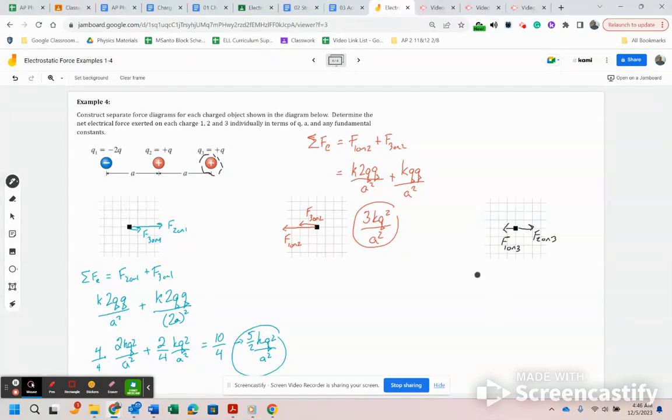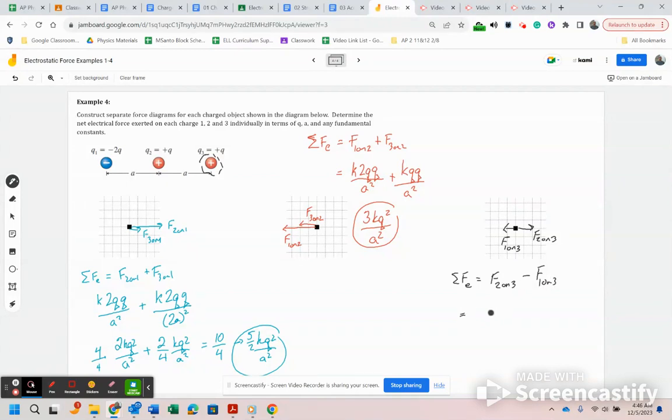All right, so to determine that net electrical force, we are going to have the following. The net electrical force on 3 is going to be the force of 2 on 3 to the right minus the force of 1 on 3 to the left.